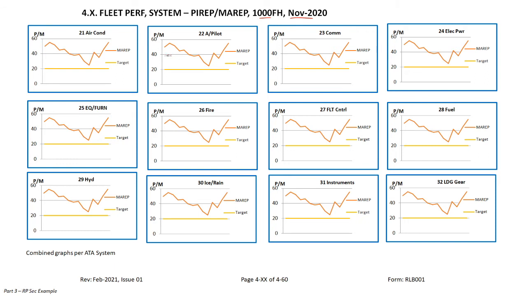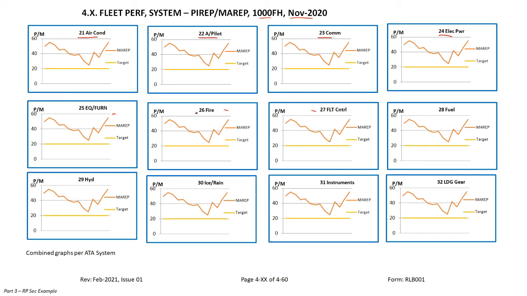I just copy-pasted, I'm using the same diagrams, but as you can see, titles are different. First is ATA 21, air conditioning, next 22, autopilot, next 23, communications, electrical power 24, etc., etc.